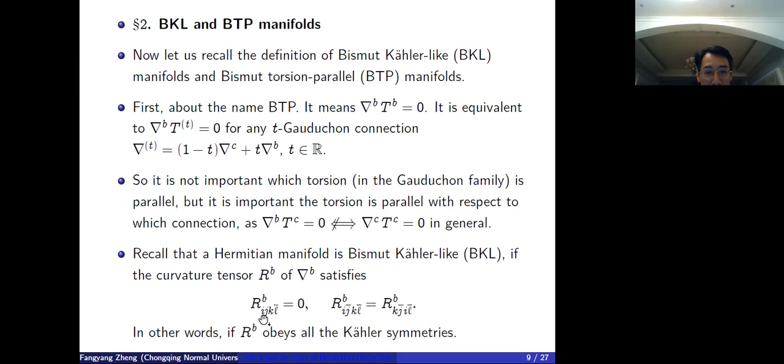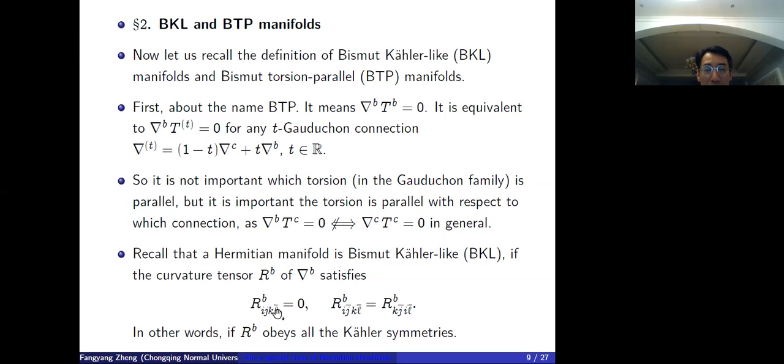Namely, first of all, here we're using complex coordinates. So first of all, you only have i, j-bar, k, l-bar components. The other components are all zero. Here I didn't mention the ijkl component because that's automatically zero since it's a Hermitian connection, right?